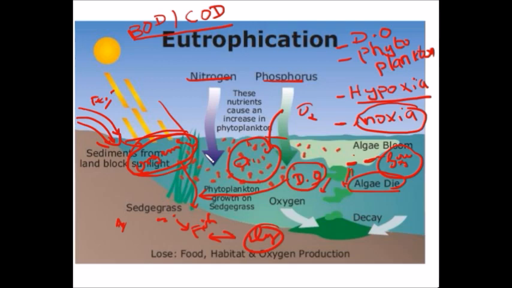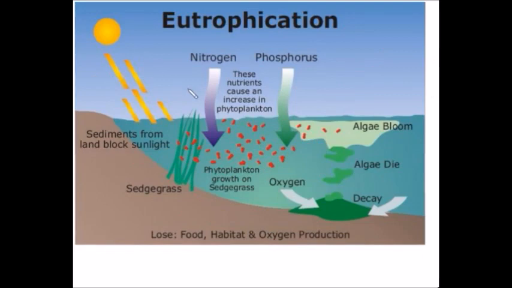So let's go back to the topic. One point we misquoted: phytoplankton takes carbon dioxide, not oxygen. Please remember, phytoplankton takes carbon dioxide and produces oxygen. We said oxygen, but that's not oxygen, that's carbon dioxide.